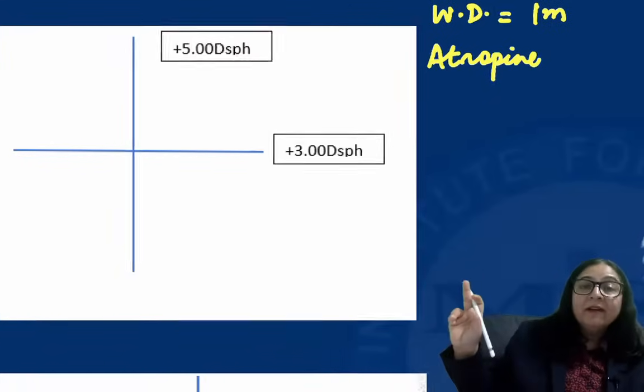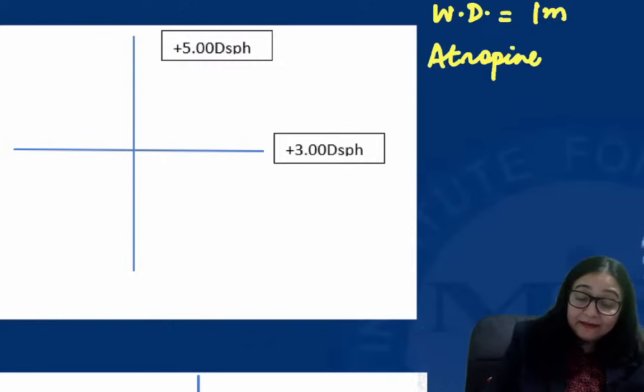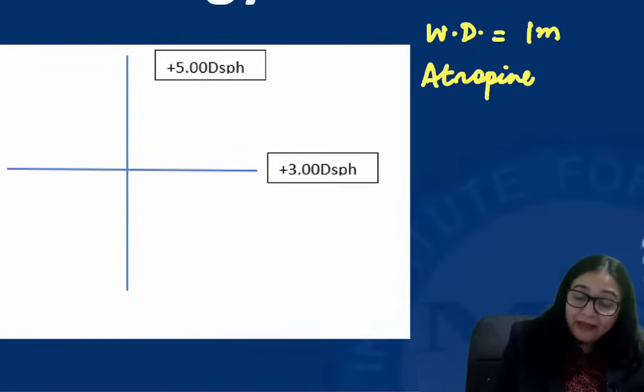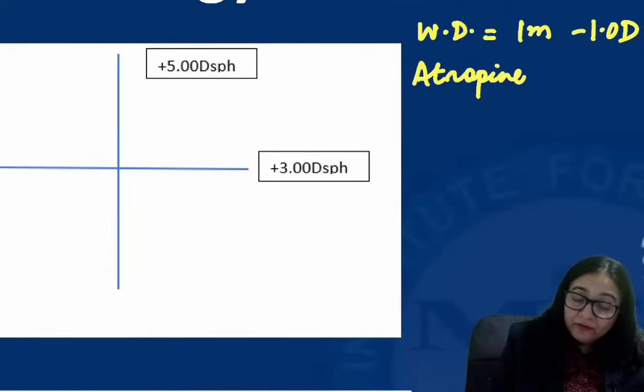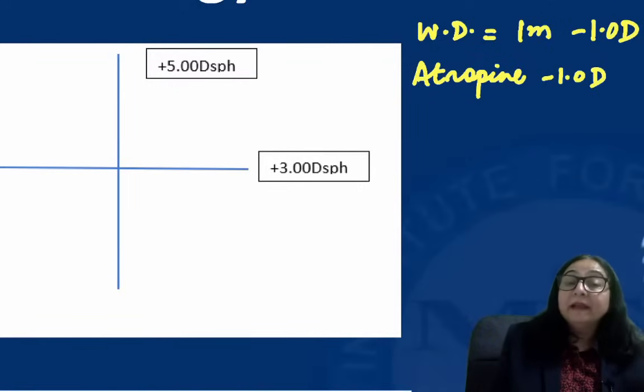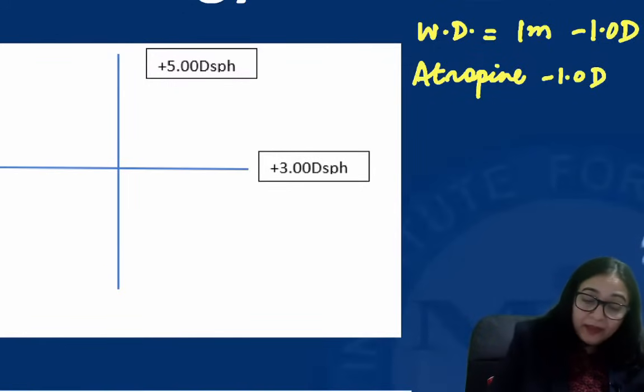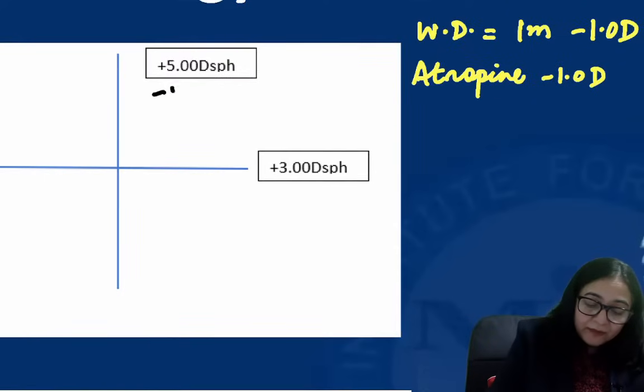So for 1 meter of working distance, the correction which you will apply will be -1 diopter. And for atropine also, the correction which you will apply will be again -1 diopter. So it means you have to subtract -1 here, -1 here, -1 here, -1 here.